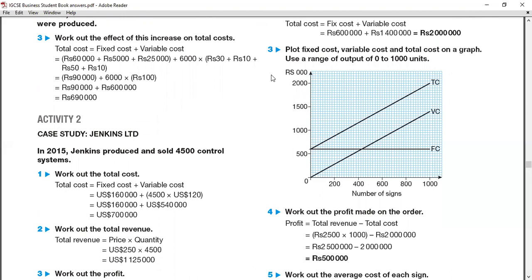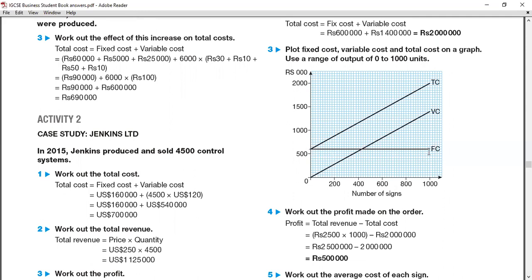Plotting questions were not in your syllabus so far, but if you go to AS level Business Studies, there are plotting questions, like drawing demand and supply diagrams. Here drawing is not required, but this question asks you to draw just to gain knowledge. You can draw the fixed cost of 600,000 as a straight line.